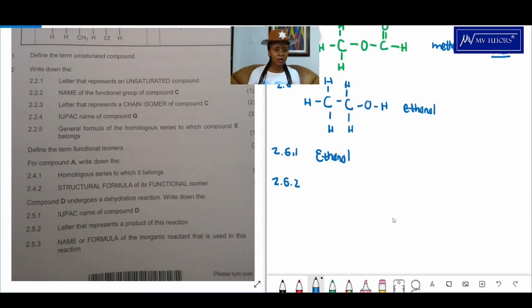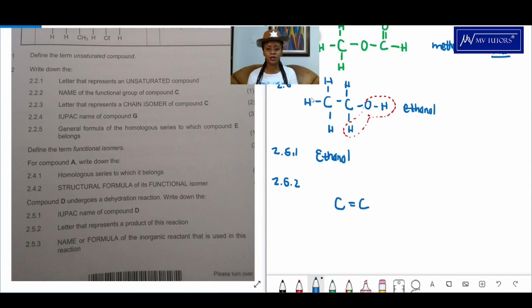And then 2.5.2, the letter that represents a product of this reaction. So it undergoes dehydration. Remember, we're removing water from it, because if you are dehydrated, it means you really need water. If you take that out, what are you left with?